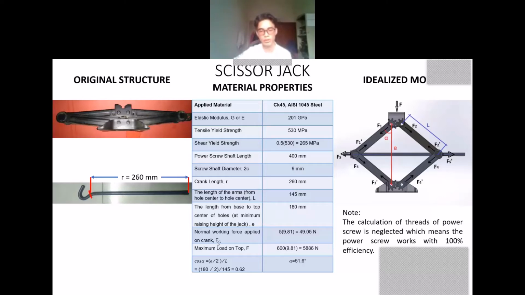And the normal working force applied on the crank is equal to 49.05 Newton, and the maximum load on the top of the jack, where we assume a quarter of the car weight, is equal to 5,886 Newton.